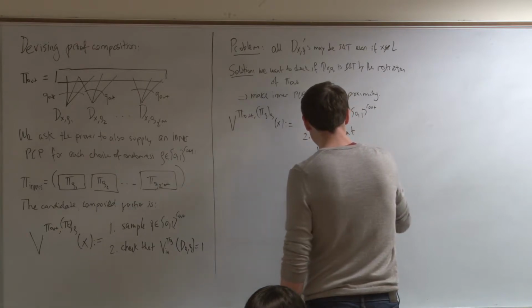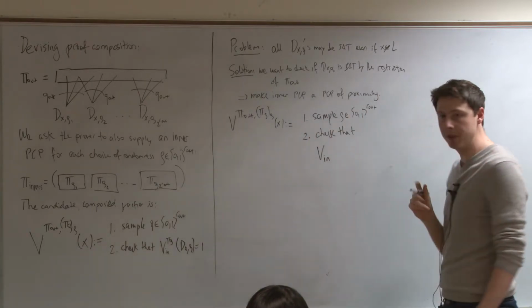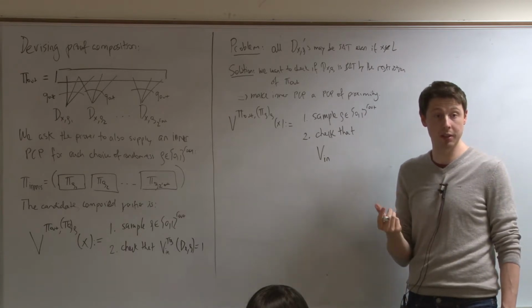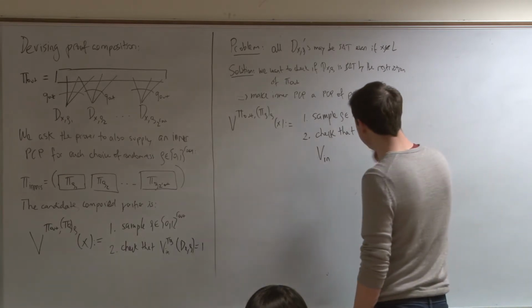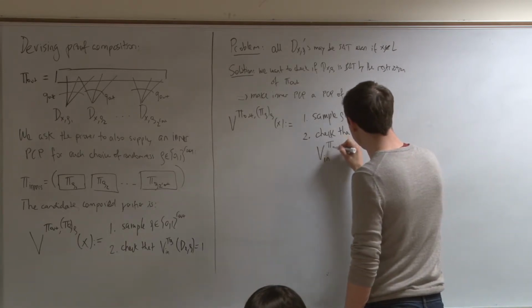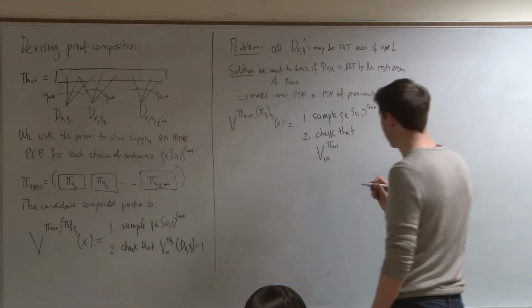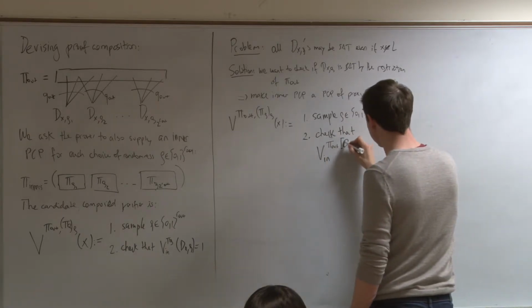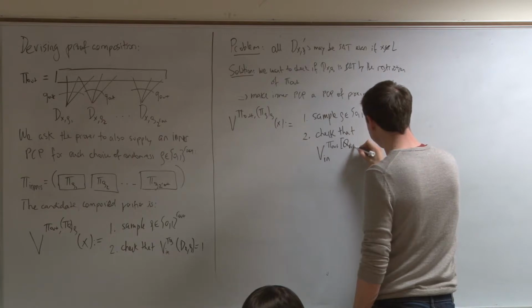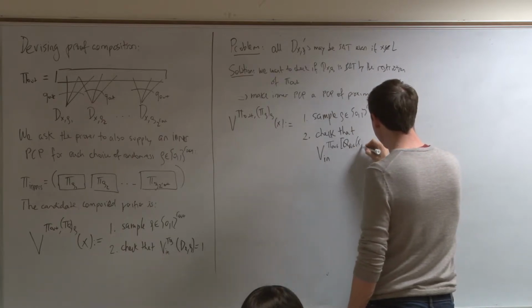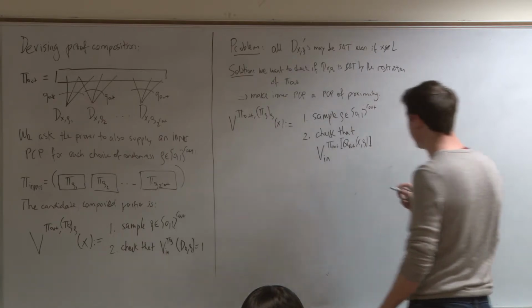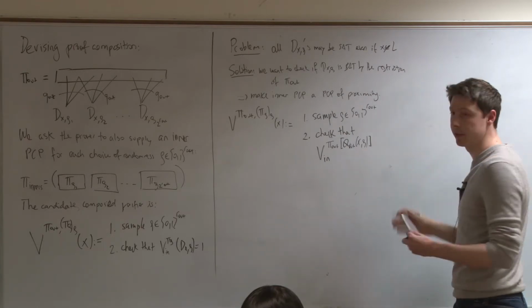And second, we're gonna check that now we have V in, because it's a PCP of proximity, it accepts a witness in addition to the proof. And the witness I'm going to supply is going to be pi out restricted to Q out X row. I'm saying I have sampled row for the outer thing.